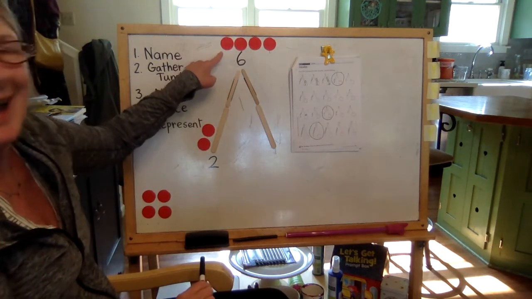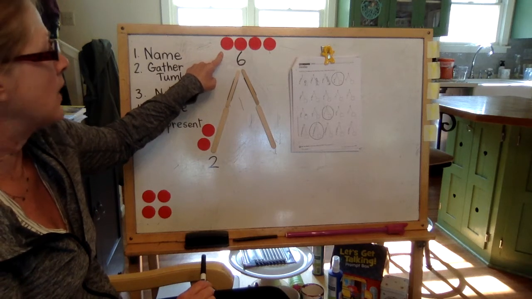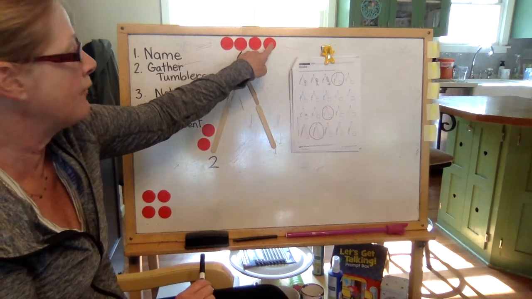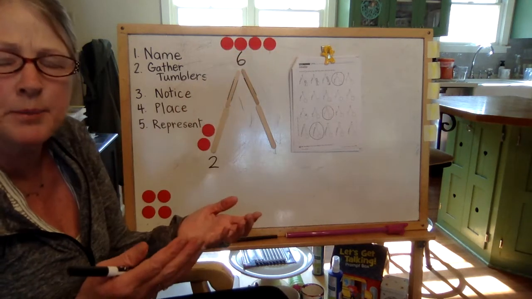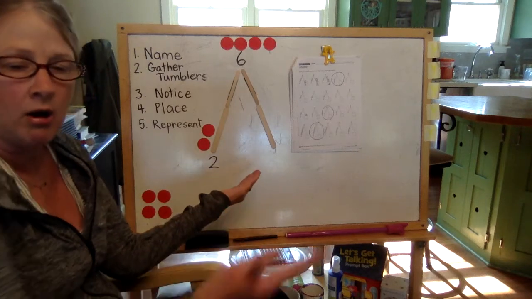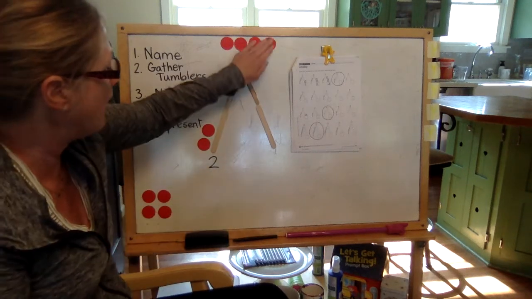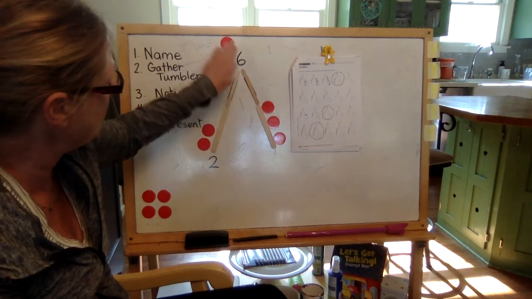I notice how many remain from the 6. Let's count. 1, 2, 3, 4. 4 remain. And the rule about decomposing is that some will go this way, all the others will fall the other way. So here down the mountain they come, all of them.